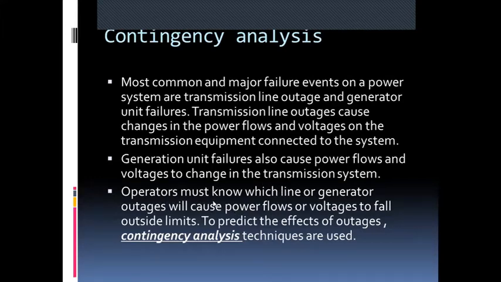So the operator must know which line or generator outages will cause power flow or voltages to fall outside the limits. The operators or engineers should predict which particular generator or line out of service will violate these limits. That has to be analyzed and predicted beforehand. For this, contingency analysis will be used.